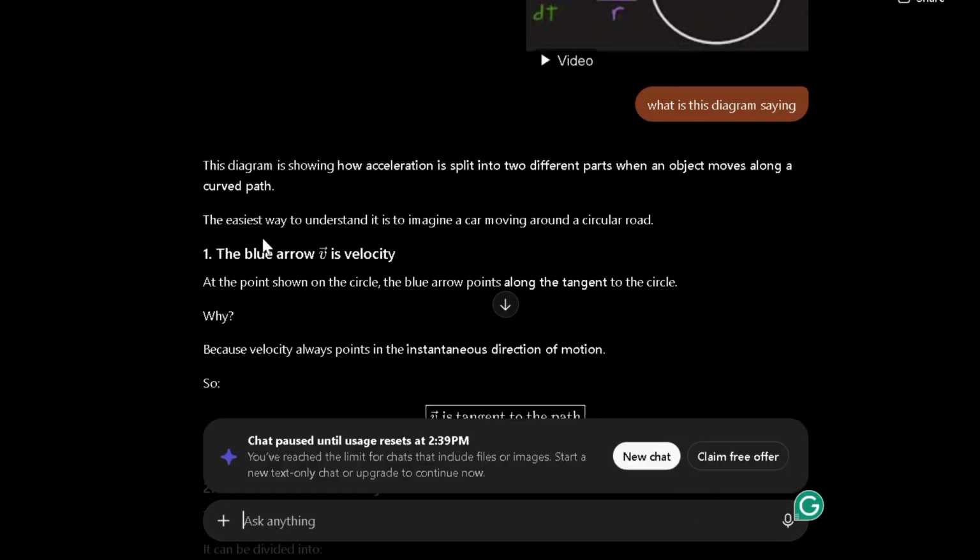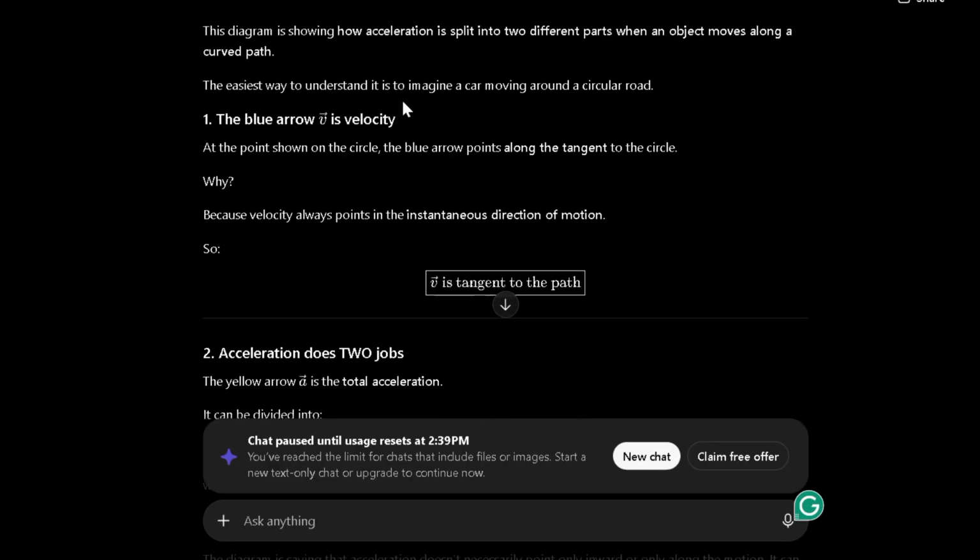The easiest way to understand it is to imagine a car moving around a circular road. The blue arrow V bar is the velocity at the point shown on the circle.